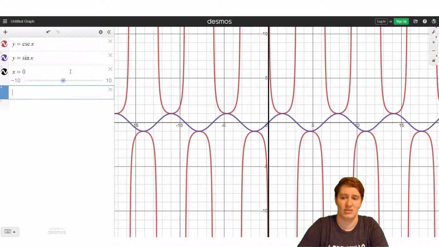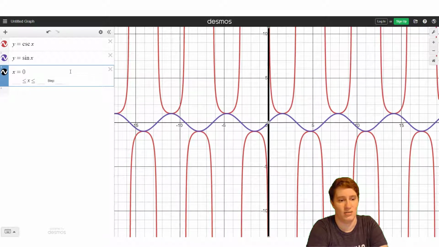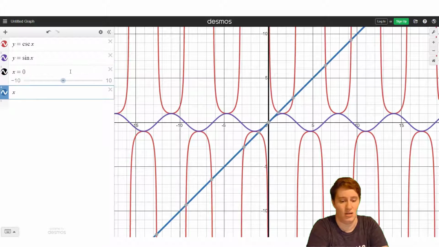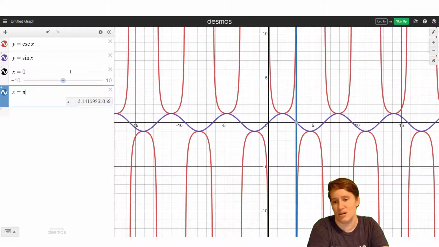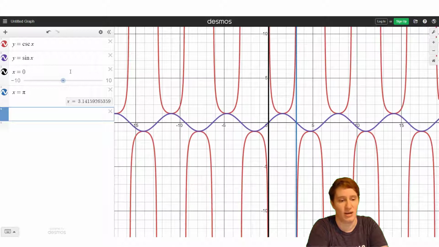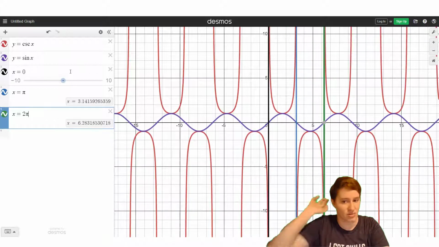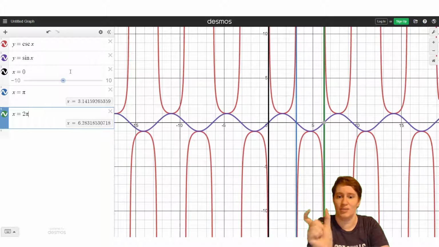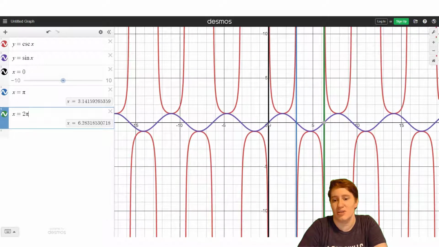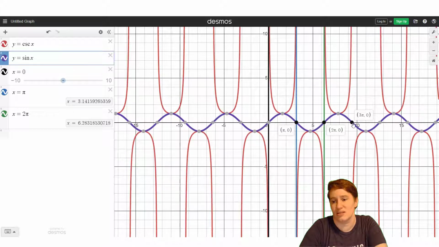We also have an asymptote at pi, and one at 2 pi, and we could keep going and find more and more asymptotes. They happen pi apart, every time that sine crosses the x-axis, so at multiples of pi.